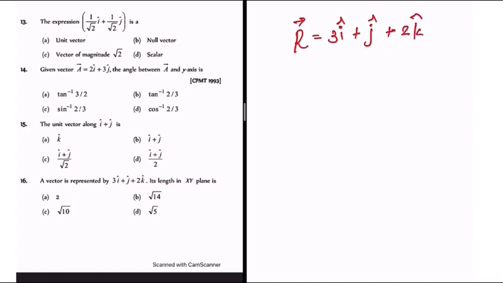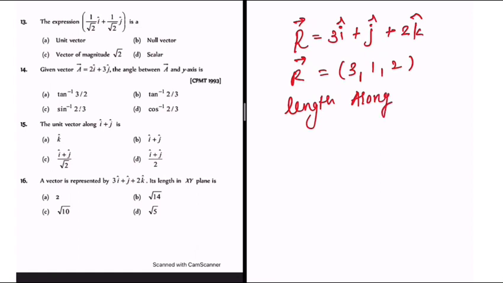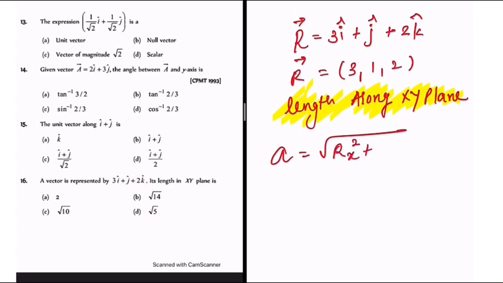This vector can be written as 3, 1, 2 in xy plane, and length along xy plane is not R, but I'll say X or A. Rx square plus Ry square, 3 square plus 1 square, which is 9 plus 1, root 10.